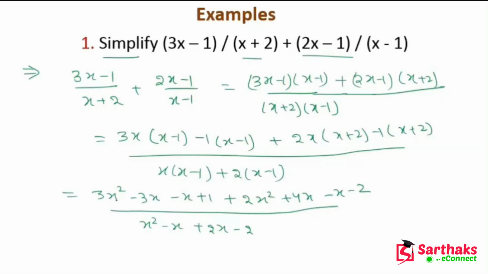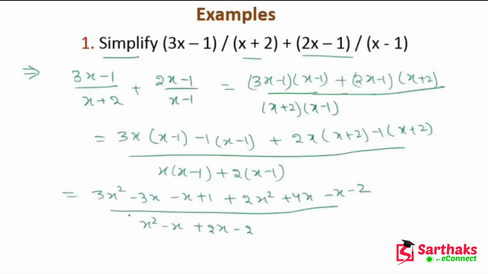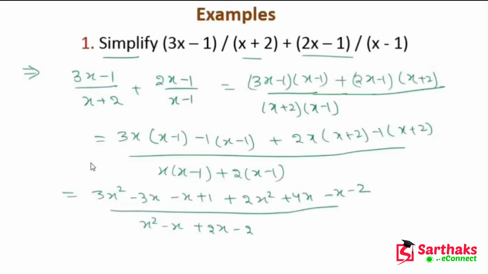Now if you see, 3x square plus 2x square gives 5x square. Minus 3x minus x is minus 4x, and 4x minus x is 3x. So minus 4x and plus 3x gives minus x.